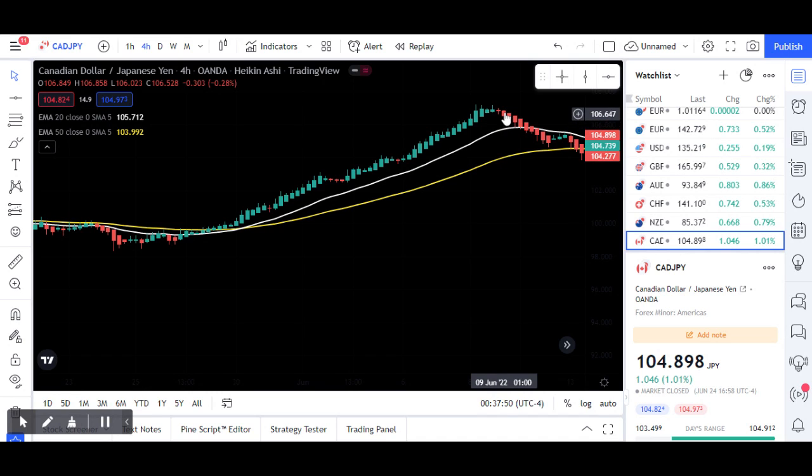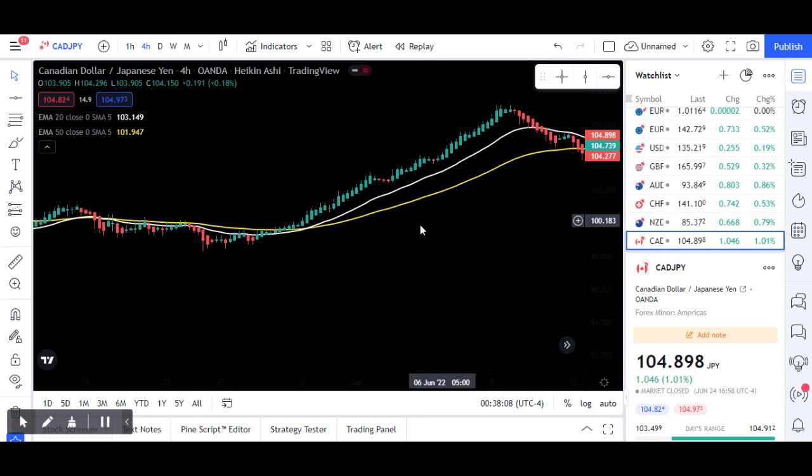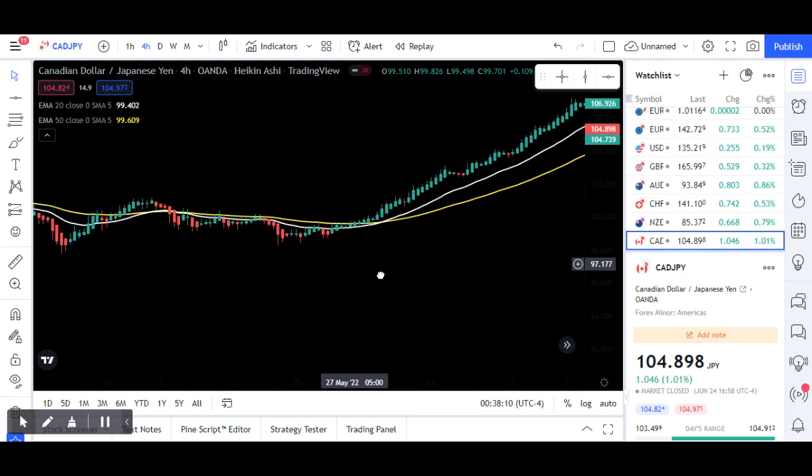If you look here, there's a little wick. I wouldn't touch these. Some people like to use them because it's a small wick, but personally, I'd say just leave those. We just want the ones that are without the wicks. Okay, so let's look through a bit.